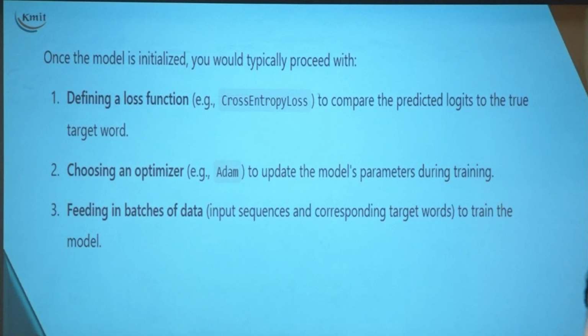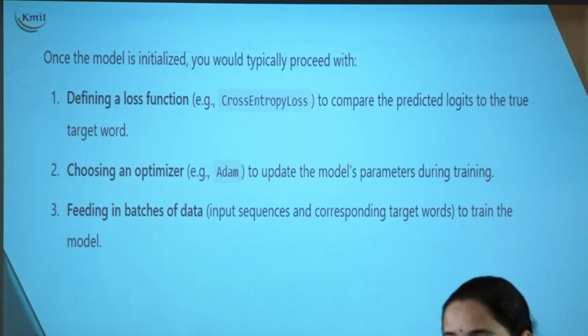What is a logit also I told you. So defining a loss function to compare predicted logit to true target word. This output logit is roughly the vectors that you have generated. Your output logit will now be compared to your context vectors, sorry, your word vectors.